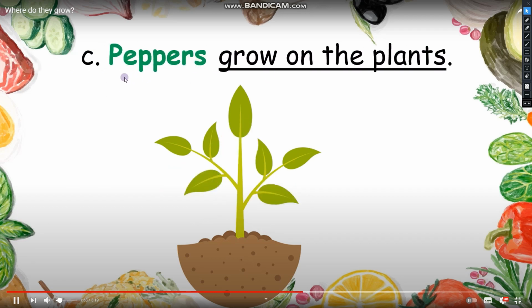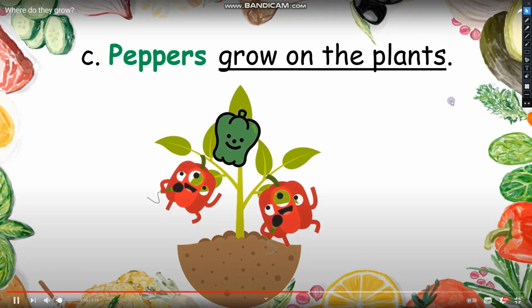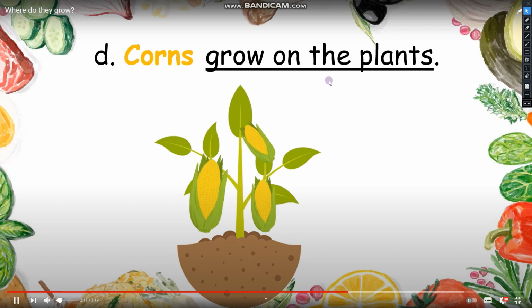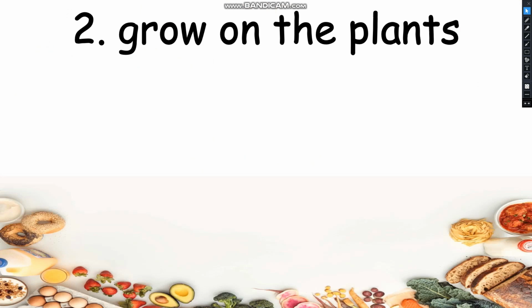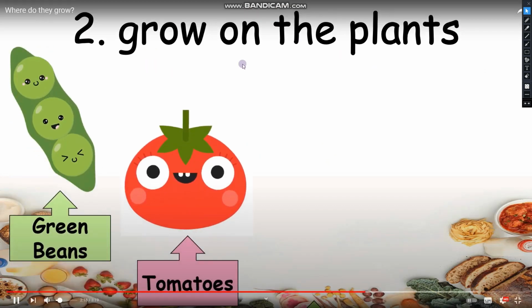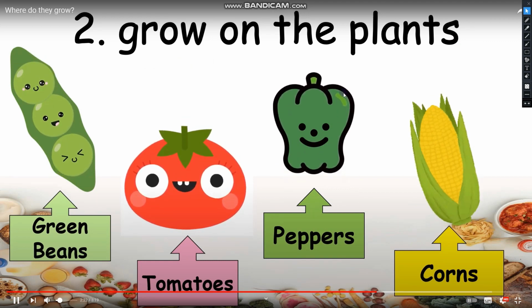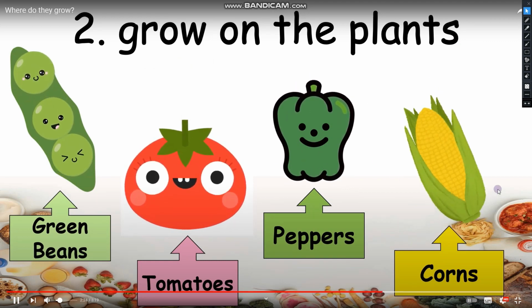C, peppers grow on the plants. D, corns grow on the plants. Okay, grow on the plants are green beans, tomatoes, peppers, corns.